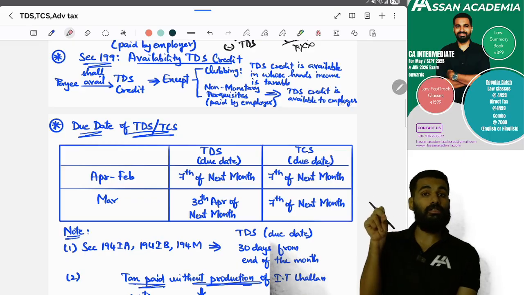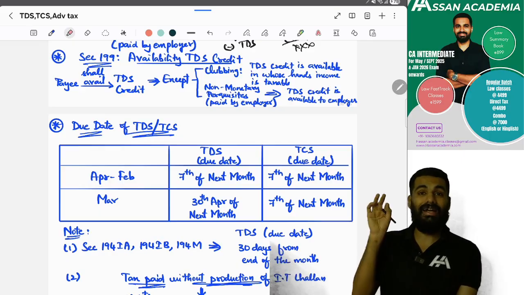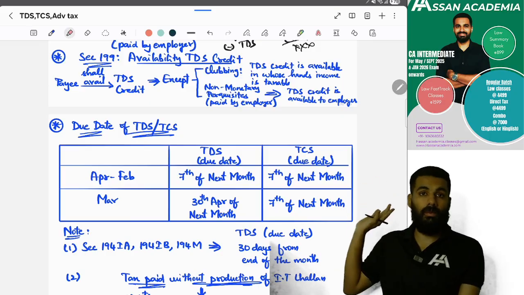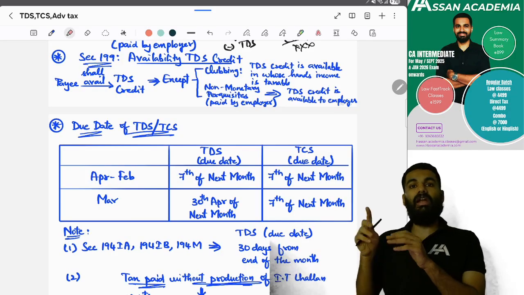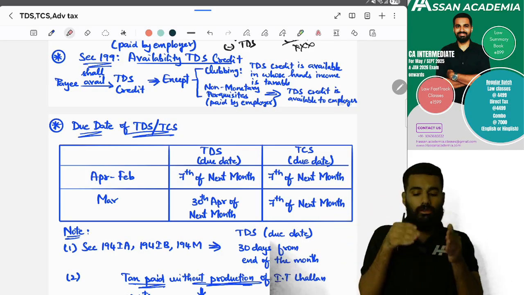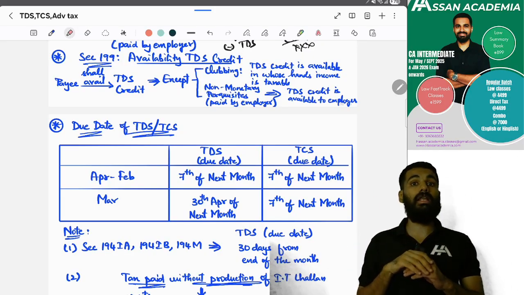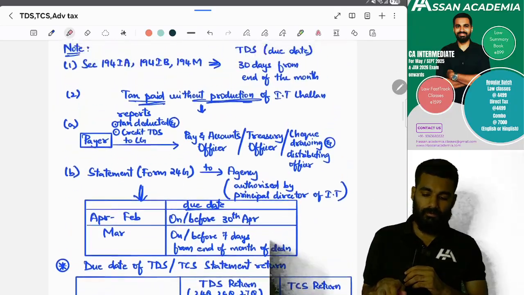In case of tax collected at source, the collector will make the payment by the 7th of the next month. But in case of TDS, the payer from April to February pays by the 7th of the next month. But in case of March, it is 30th April of the next year.